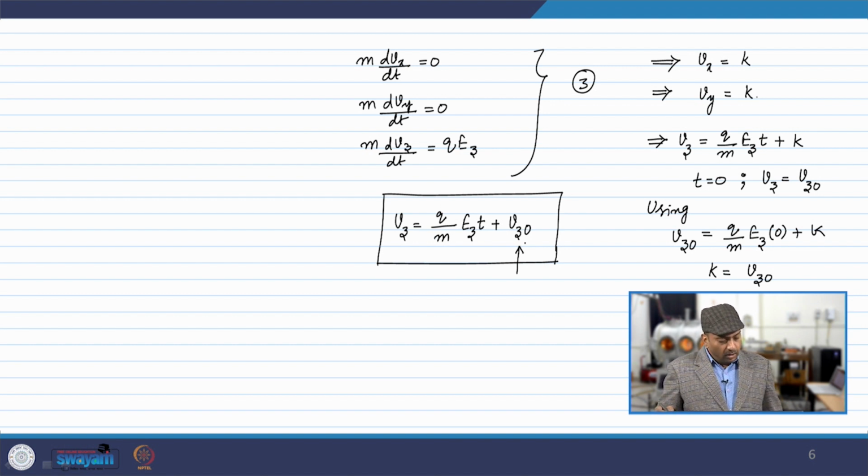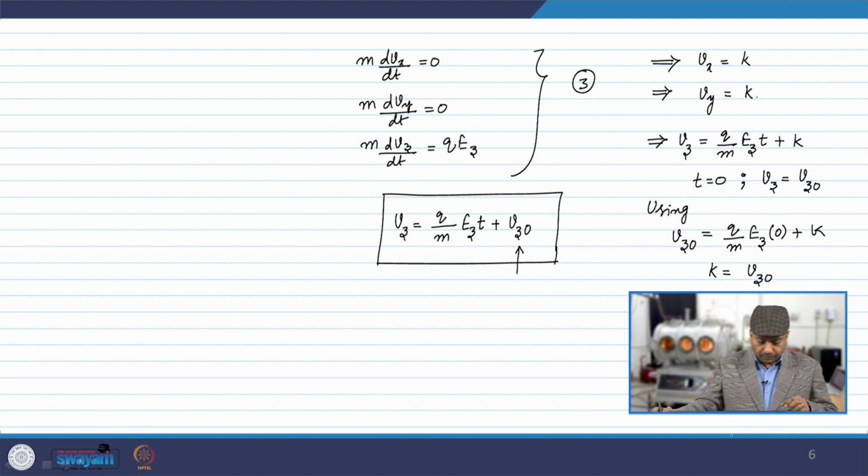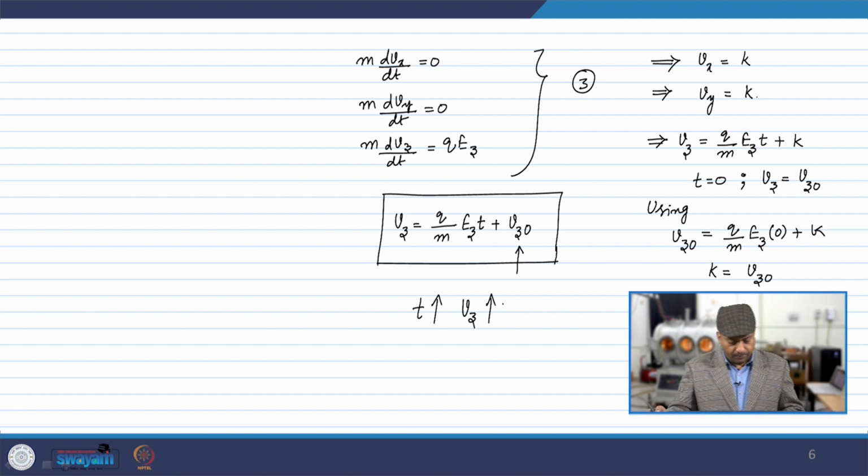It is only along the z direction that velocity changes linearly with respect to time. So, as you increase time, the velocity is changing linearly by a factor q by m Ez. As the time progresses, the velocity will increase. So, we can say that when time is increasing, the Vz is also increasing, a linear increase with respect to time.